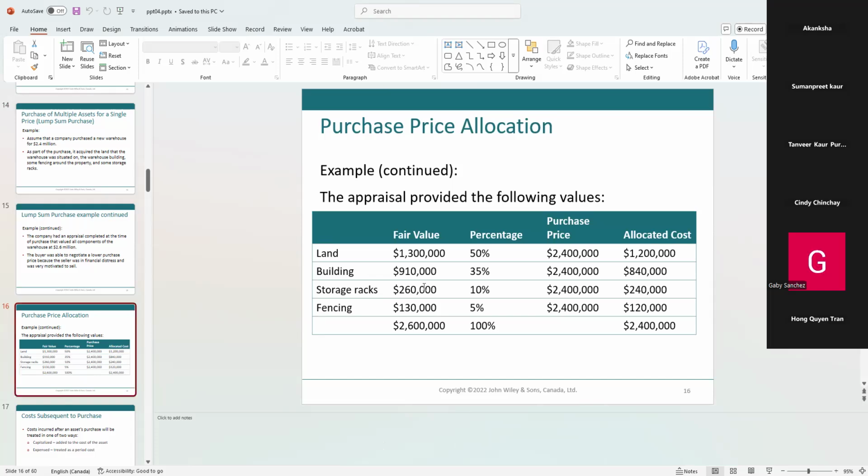So what I want you to do is, fair value is going to be given. How much you pay is also going to be given. So you have to come up with how much is the cost out of the money that you pay, how much will be allocated for every single one of those assets, and which method of depreciation I should use for those assets.